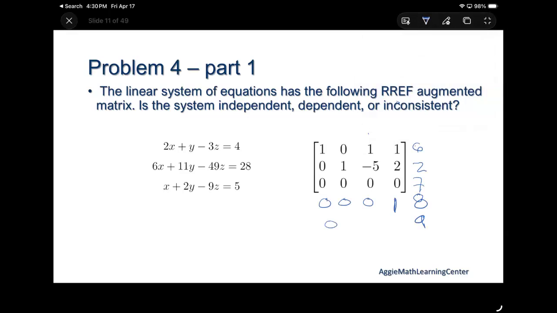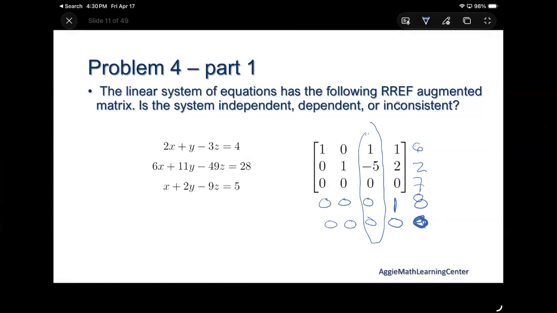I mean, that would make it inconsistent, but actually it wouldn't, necessarily. If this is a 5 rows and 5 columns matrix, this column doesn't have a leading entry. If that's a 9, it would be an inconsistent system.